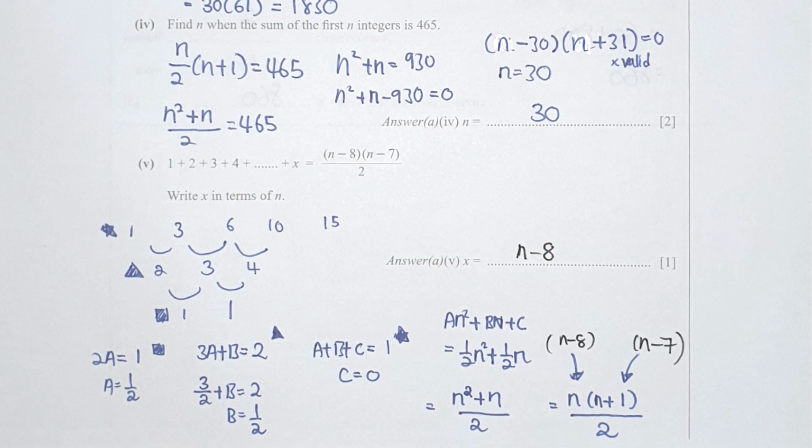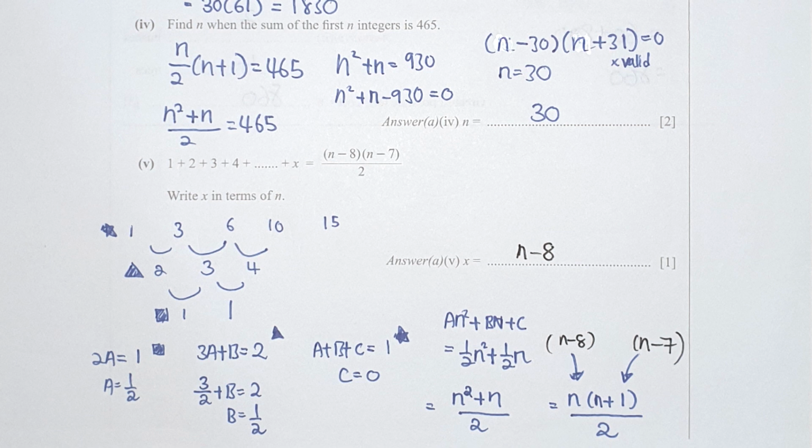For part number 4, I'm using the geometric sequence to identify the answer. So 2a equals the bottom row's value of 1. So a equals 1 over 2. As for 3a plus b equals the triangle, which is the second row's value, your b equals 1 over 2 as well. a plus b plus c equals 1, which is the star value over there. c equals 0.